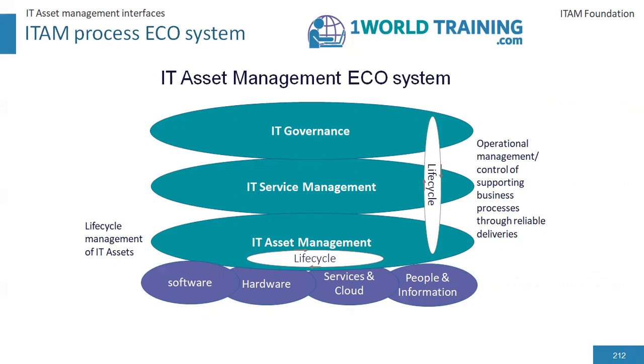And IT asset management is the practice which focuses on managing the IT assets right from purchase to retirement or disposal, ensuring optimal utilization of the IT assets, reducing risks, and also reducing cost of IT assets. Okay, so in IT asset management, we have all these 4 areas: hardware, software, services and cloud, and then people and information.